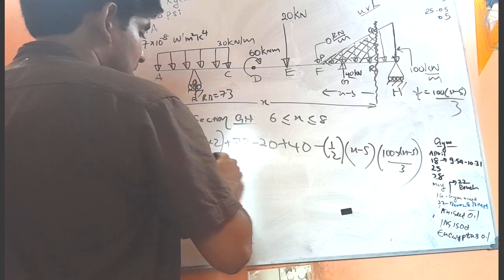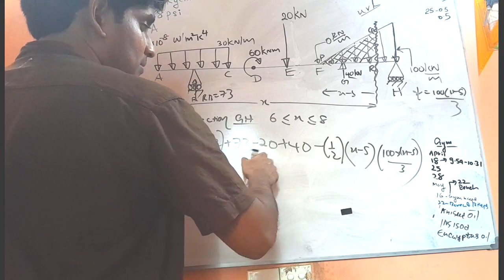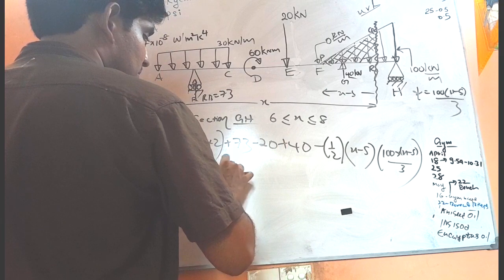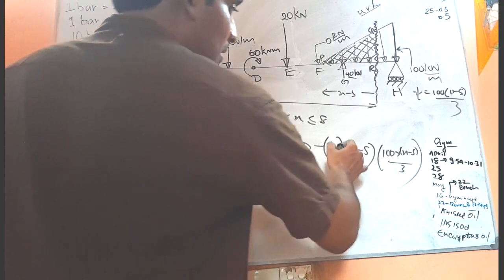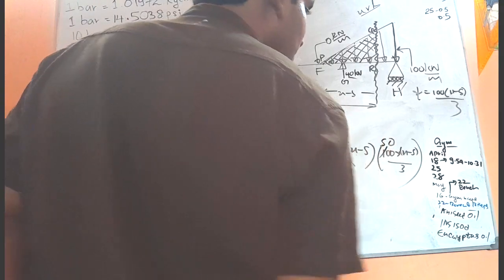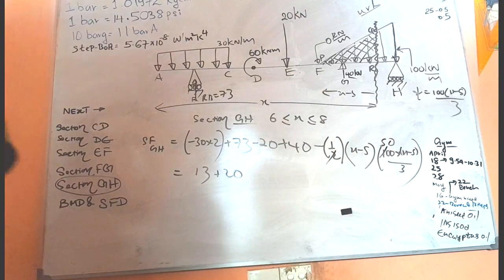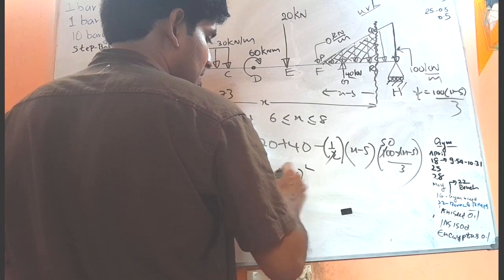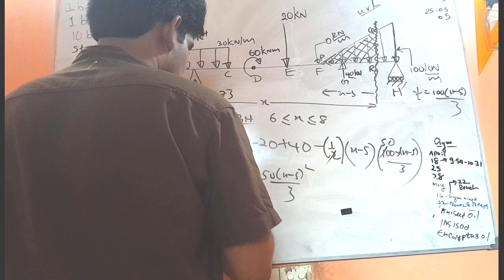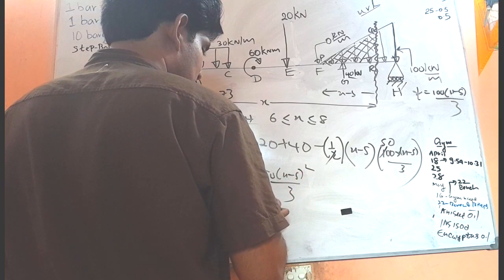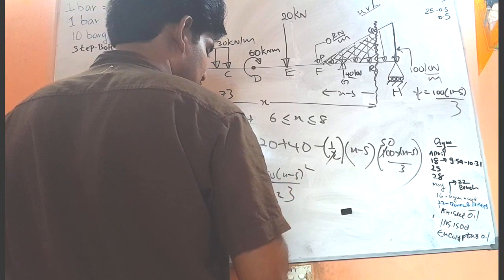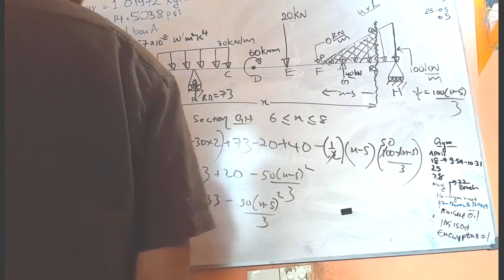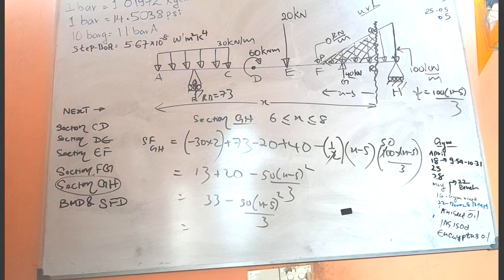Minus 60, 73 means 13, minus 20 plus 40 means positive 20, so positive 33. Half of 100 is 50, then it will be minus 50 times X minus 5 squared divided by 3. So 33 minus 50 times X minus 5 squared by 3. Right? So now that is the equation for the shear force.